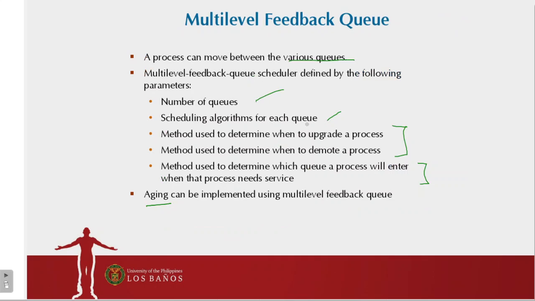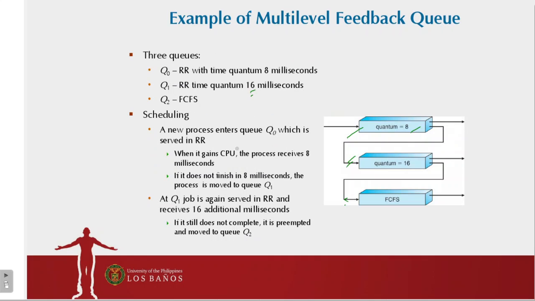And then the next one is upgrading and downgrading a process. So a new process enters queue 0 initially, say P, which is served in round robin. When it gains CPU, the process receives 8 milliseconds.